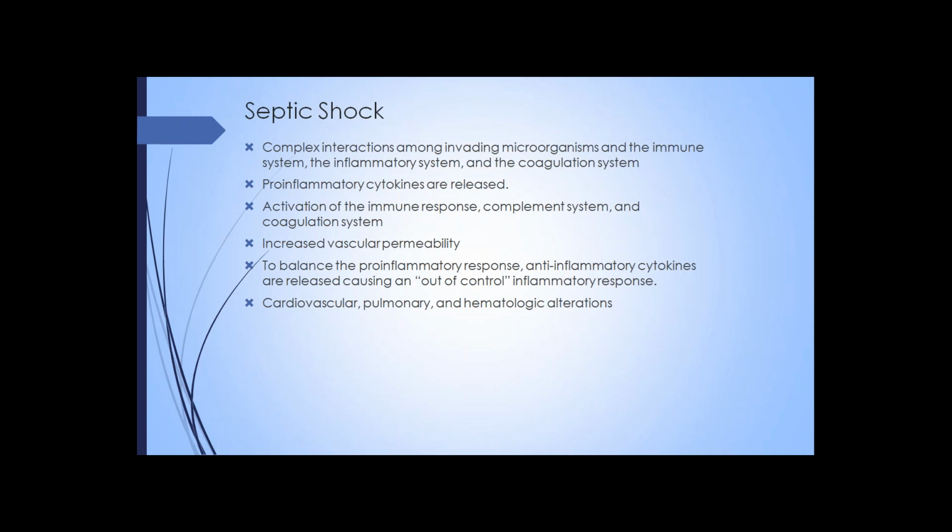So this makes an over-the-top or completely out of control inflammatory response. So this is huge in comparison to any of the other shocks. We can get cardiovascular, pulmonary, and hematological alterations because of these changes.